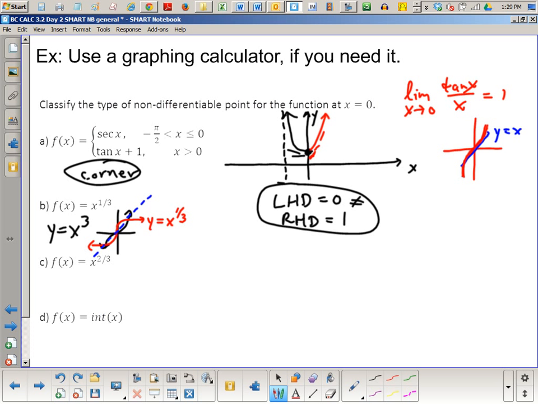So you might know twice as many graphs as you thought. If you know x cubed, you also know the graph for cube root of x, right? If you know x to the 5th graph, you know the 5th root of x graph. It's just the inverse. Okay, you tell me, looking at that red one, what's going on at the origin there? Is that a cusp? Is that a corner? It's red there, that red graph.